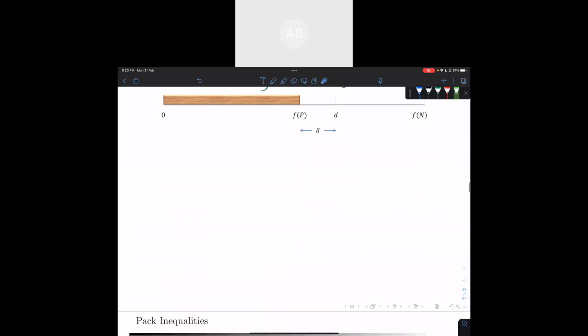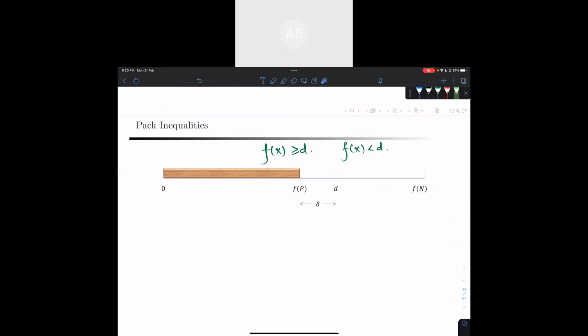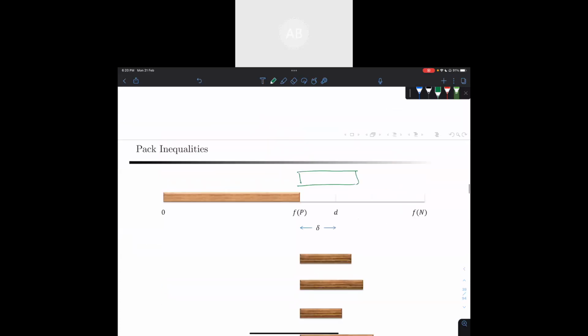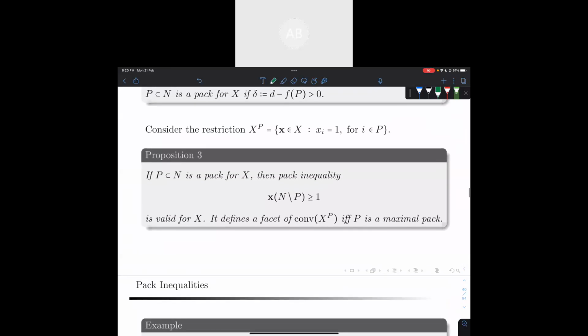It's very intuitive: with whatever I have, I'm not able to support what I need to support. So at least something from what I did not add, or essentially, P was my pack and the complement set is N minus P, so at least something from N minus P should be added to the pack to make it feasible.